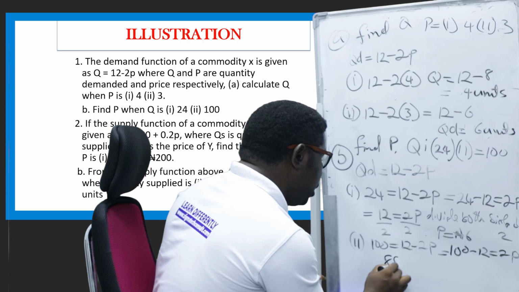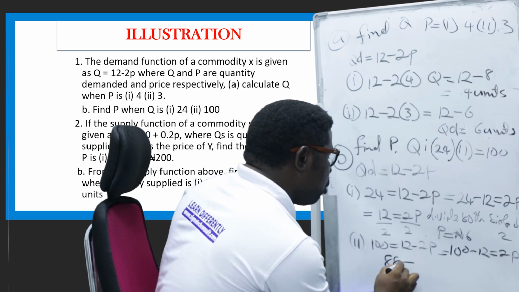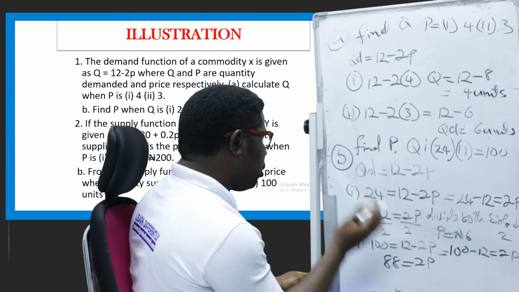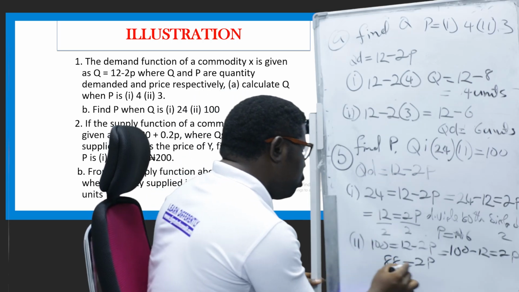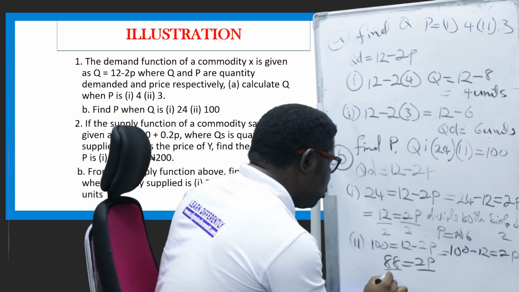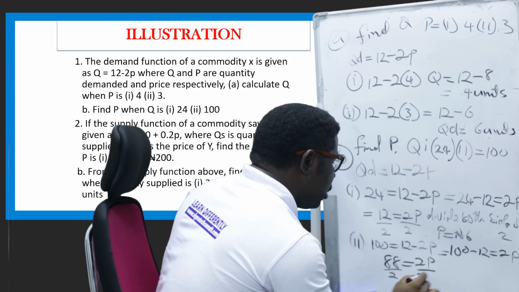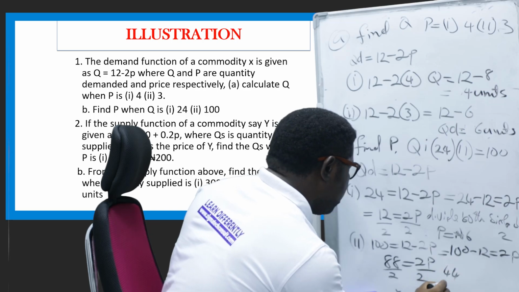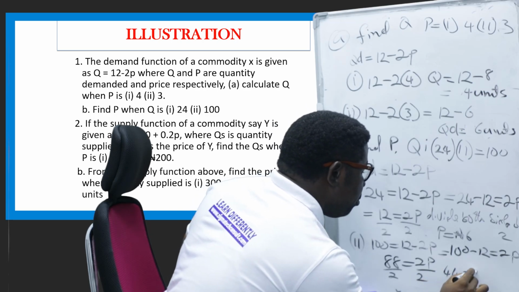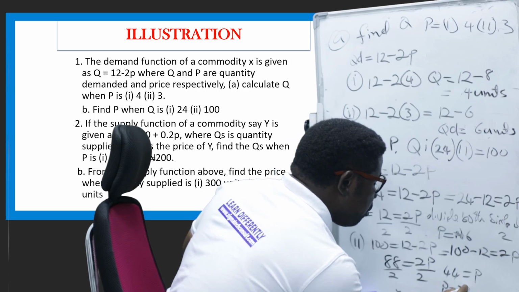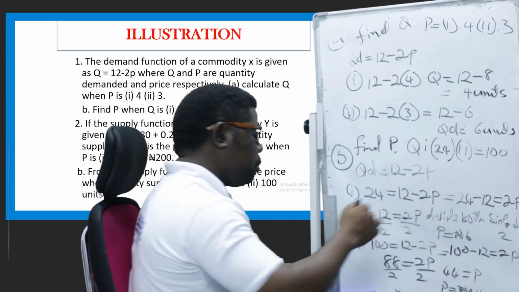So we have 88 equals to 2P. Divide both sides by 2 to get your P. We'll have here 44 equals to P. So our P is 44 naira.